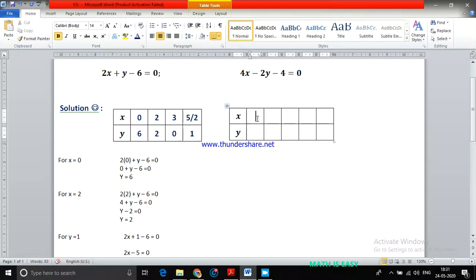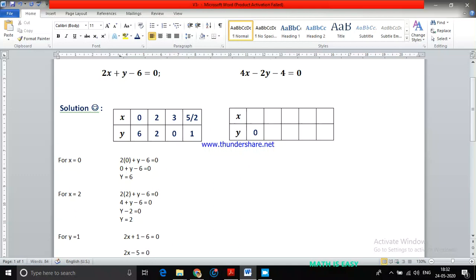For example, first preferably I'll go for y equals 0. If y equals 0, what do you get?